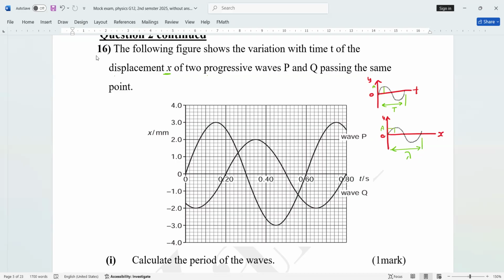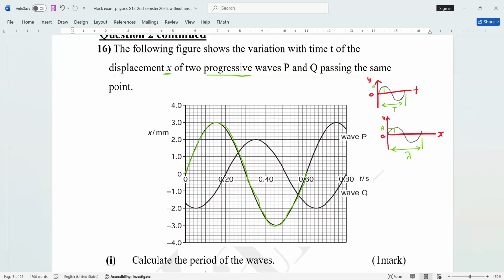Two progressive waves, P and Q, passing the same point. Calculate the period of the waves. Now, we can take one complete wave. We can take this wave. You can see here, this is one complete wave.